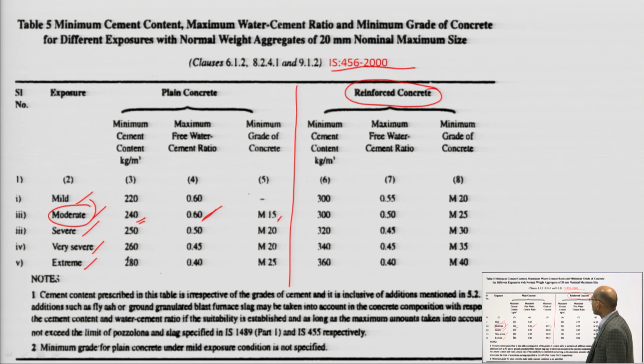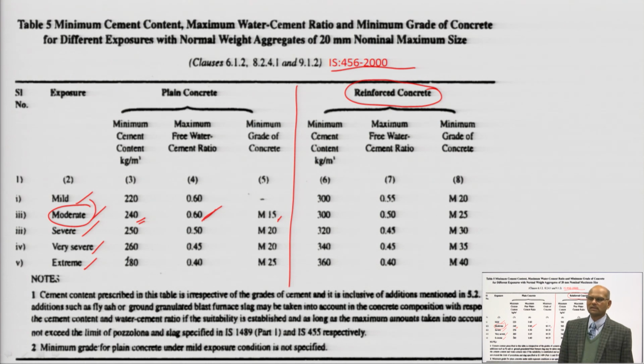So, this is the requirement for PCC, but if you see the RCC, because that is susceptible to corrosion, concrete should still be in passive condition. So, concrete has to maintain high alkalinity. The alkalinity should always be more than 12.5.